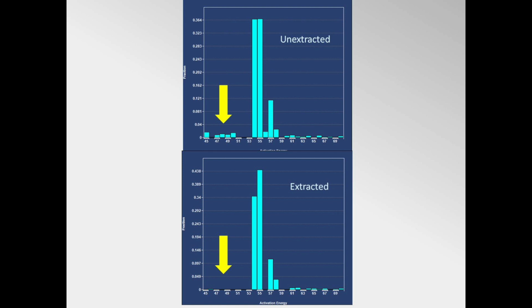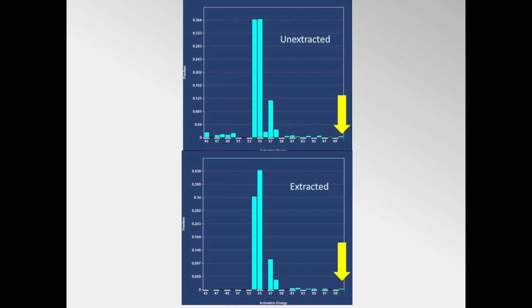The unextracted sample has a number of contributions down between 45 kilocalories and 50 kilocalories that come from that heavy bitumen portion of the S2 peak, whereas the extracted sample does not show that contribution. As one might expect, there isn't much difference out at the heavy end, suggesting that most of the high activation energies are legitimate in both samples.